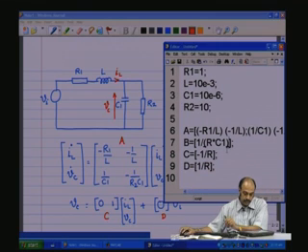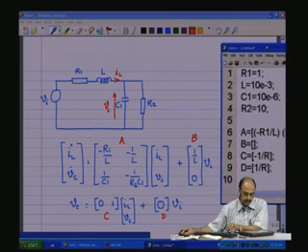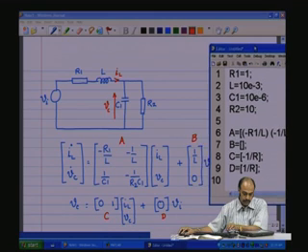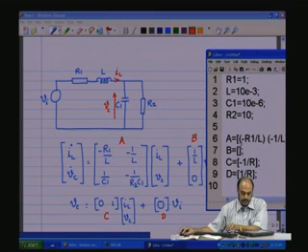The B matrix is 1 by L and 0, contains 2 positions. The second position is nothing but 0, but it is the second row.